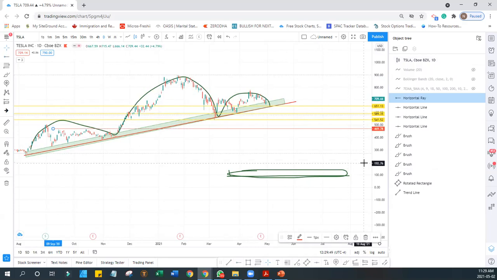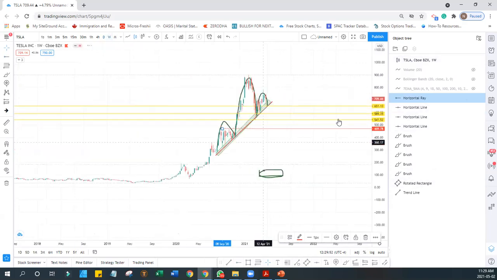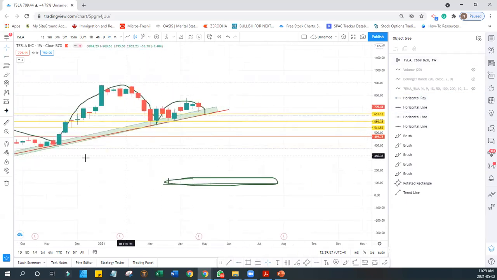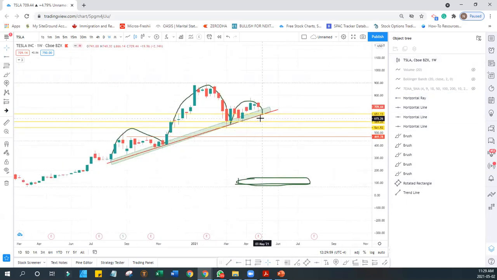If it falls, then it breaks the line, right? Because this is a very strong support zone on the trend. It's making a head and shoulder pattern on a weekly basis, which is a very strong pattern.